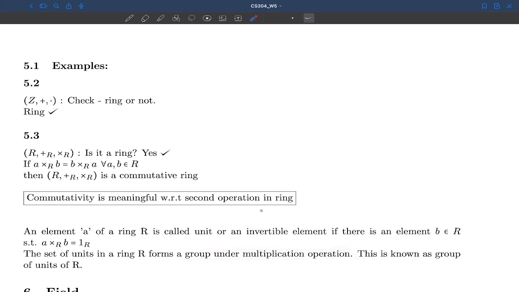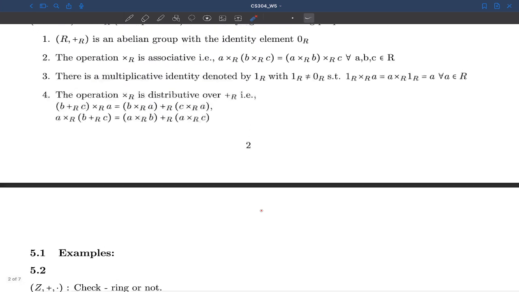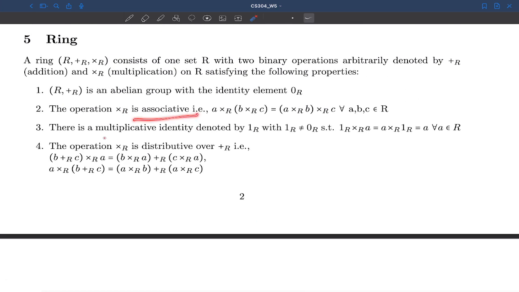If I extract all the elements from my ring which are invertible under the second operator, then I can definitely say that set will be a group under the multiplication operation. Why? Because if it is a ring, then the first two conditions, associativity and identity, are already included in the axioms of a ring.